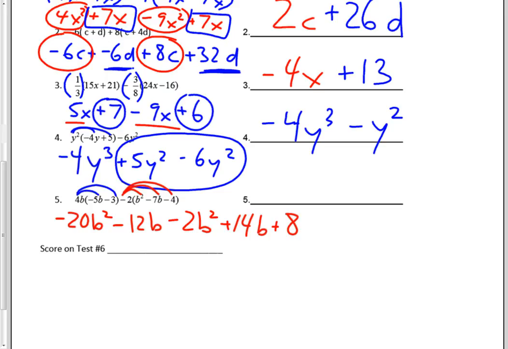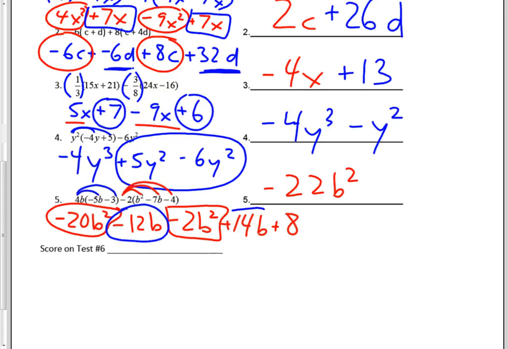Now I'm going to combine this and this. What's a negative 20 and then another minus 2? Negative 22b squared. What is minus 12 plus 14? And it's a 2b.